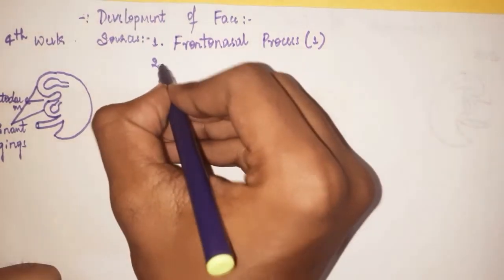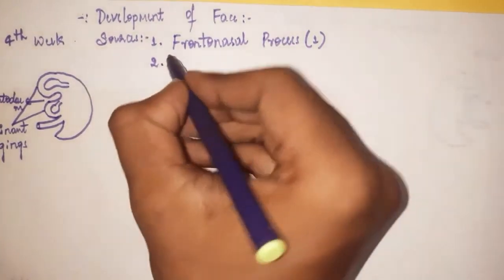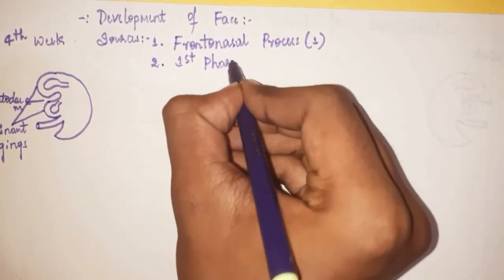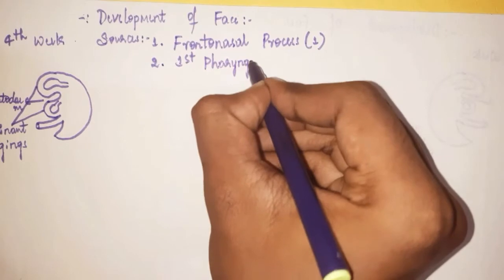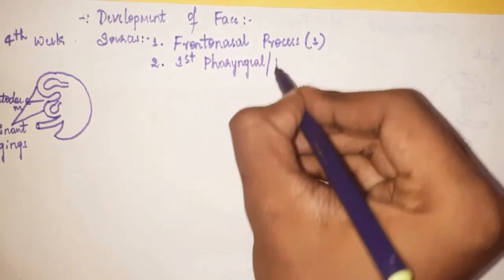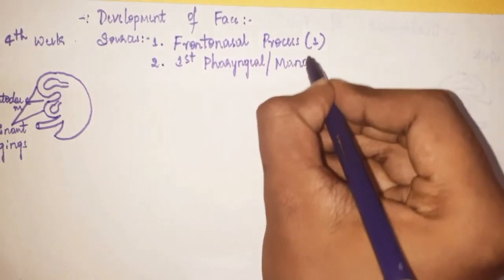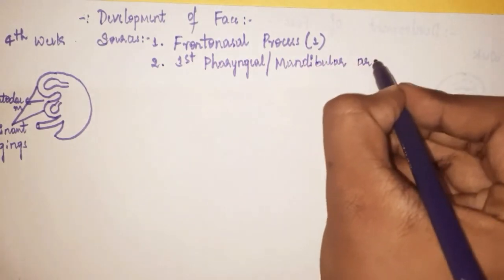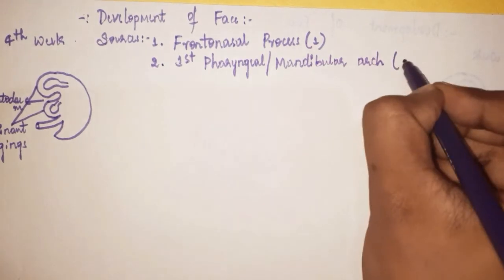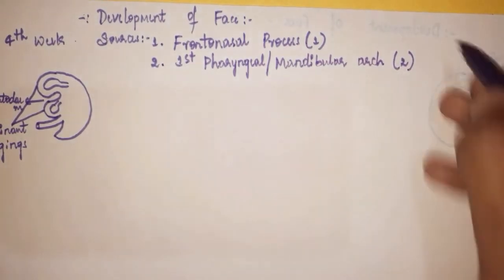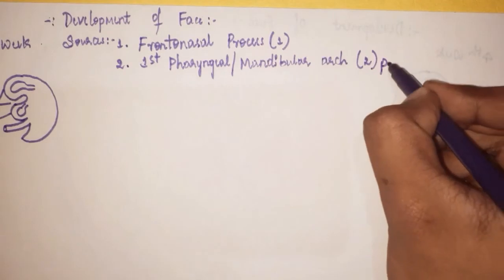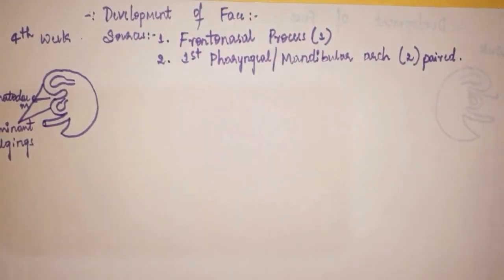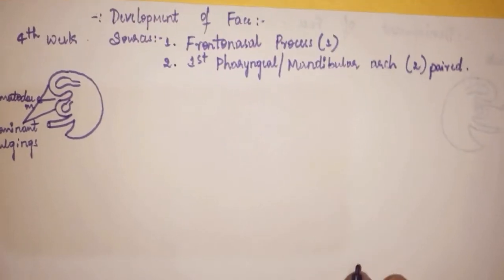The first pharyngeal arch is also called the mandibular arch, and this is paired. So these two are the sources for the development of the face.